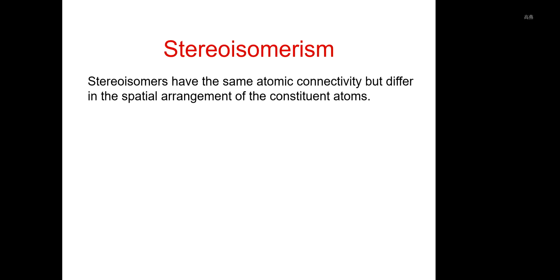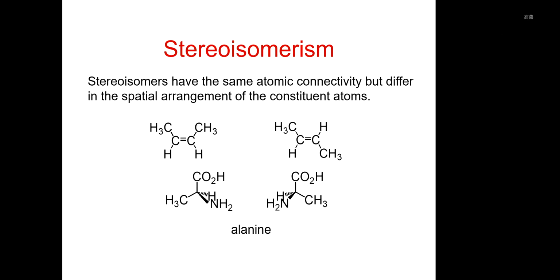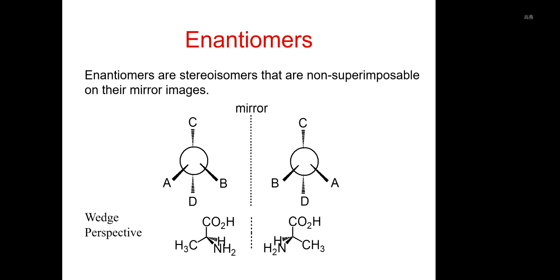Another important type of isomer is the stereoisomers. Stereoisomers have the same atomic connectivity, but they differ in the spatial arrangement of the constituent atoms.